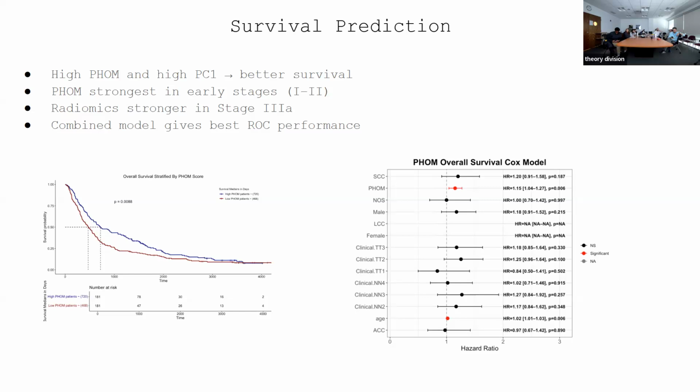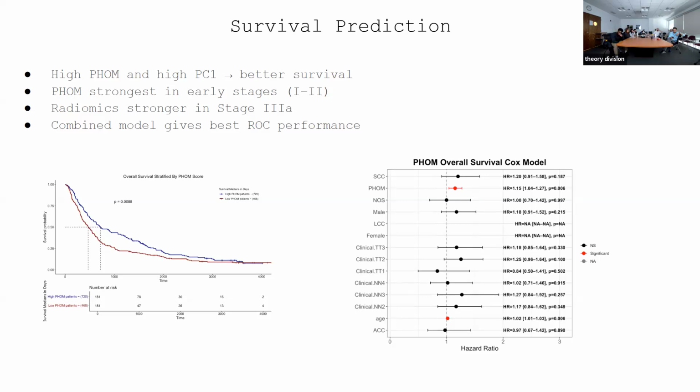These were akin to lower survival. The same goes for radiomics: patients with high radiomics have tumors that are rounder, more circular, with not many cavities. Therefore, we can treat them better with more targeted therapy, versus a tumor that is in different pieces. So this showed us that FOM and high PC1 were both independently predictive of survival.